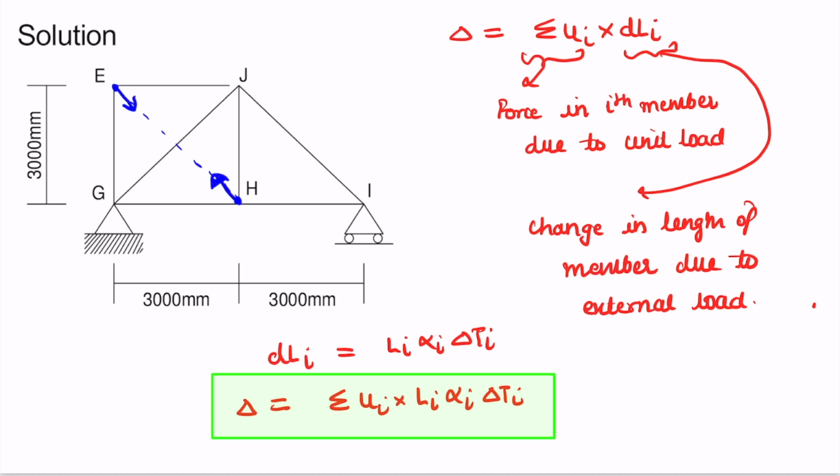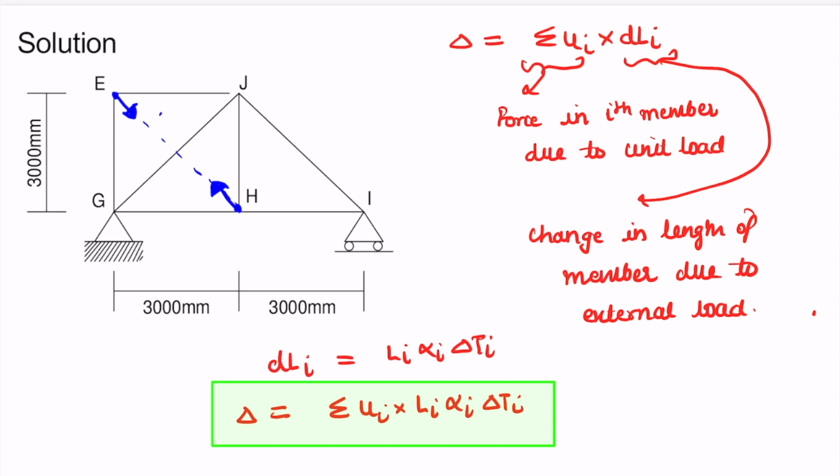Okay, so this will be the assumed direction of unit loads. Since the line of action of these two unit loads is the same, the reactions will be 0. Since there is a 0 reaction at this support, these two members will be the 0 force members.